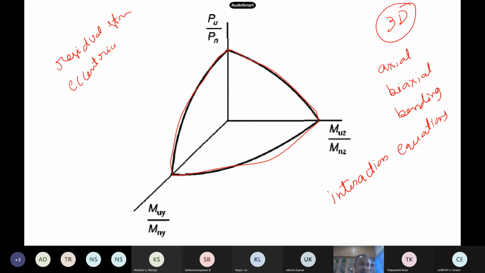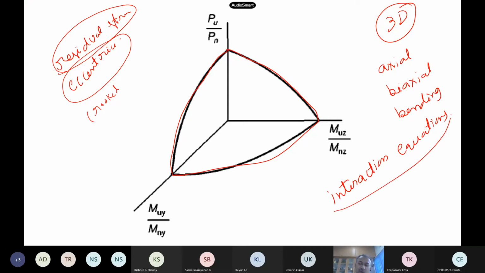But in reality, since you have residual stresses, eccentricities, crooked columns, magnification and even secondary moments and other things, non-linearity, if we include everything, the interaction equation will not be a straight line. In reality, it will be some kind of a curved surface in 3 dimensions.